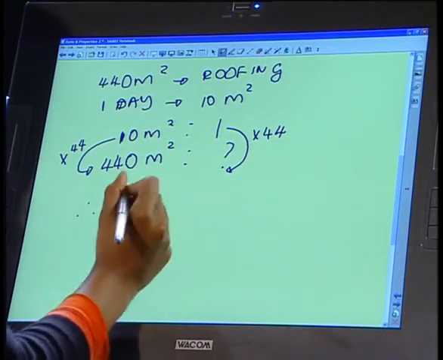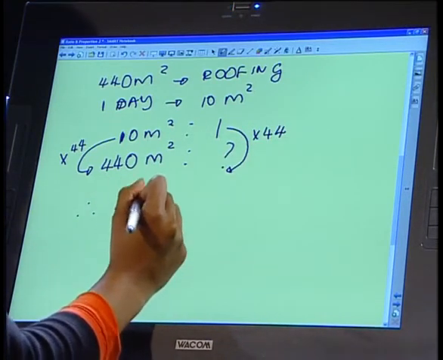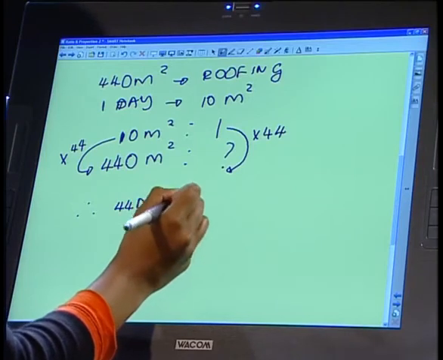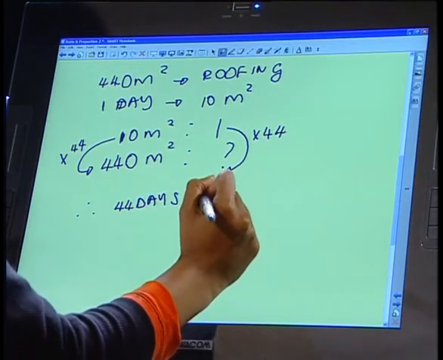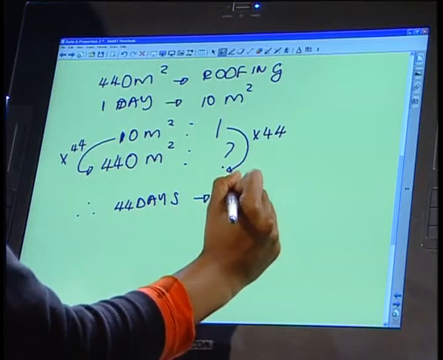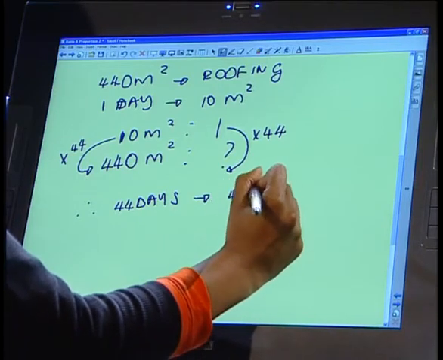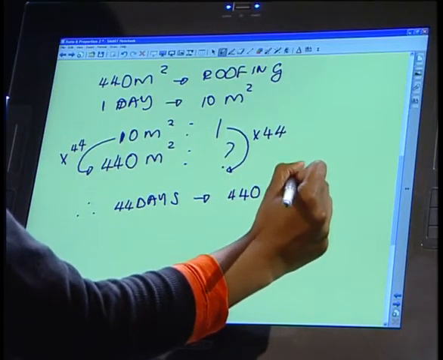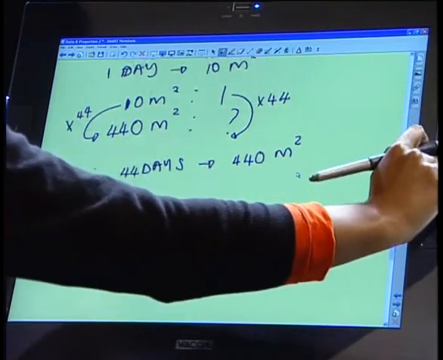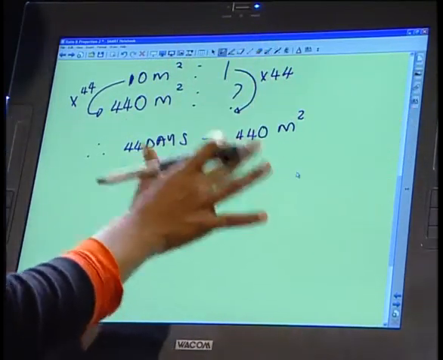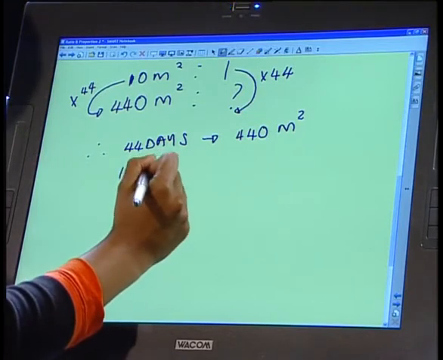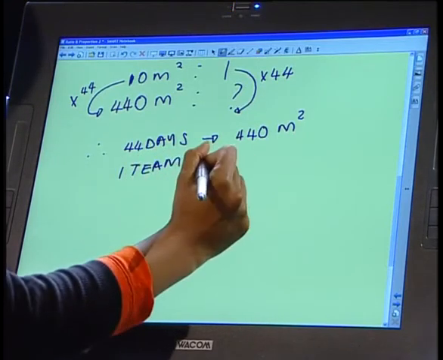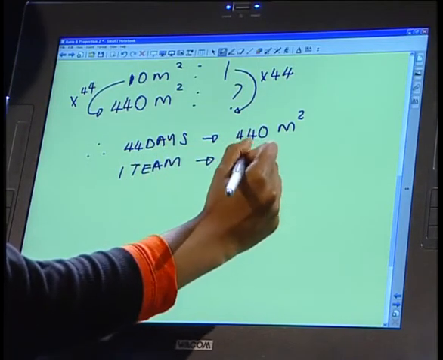So therefore, it will take 1 team 44 days to put up 440 meters squared of roofing. Okay, so that's just dealing with 1 team. 1 team would take 44 days to do this job.